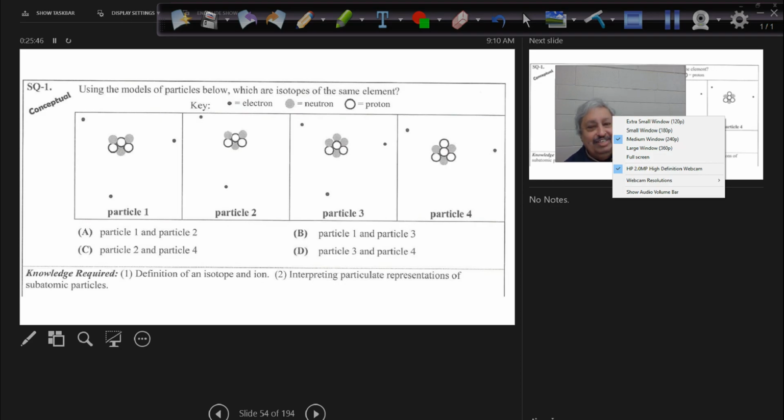Which are the isotopes? Isotopes are they having what? Different neutrons, but the electrons and protons are equal, correct? So electrons are the darker one, the proton is the blank one, and neutrons the grayish one.